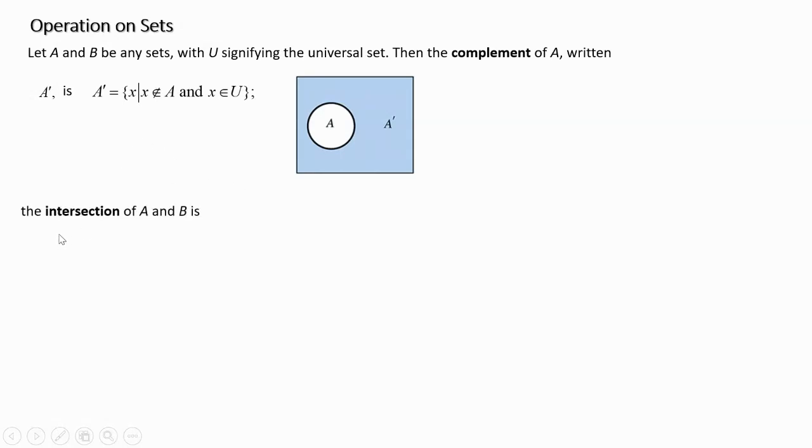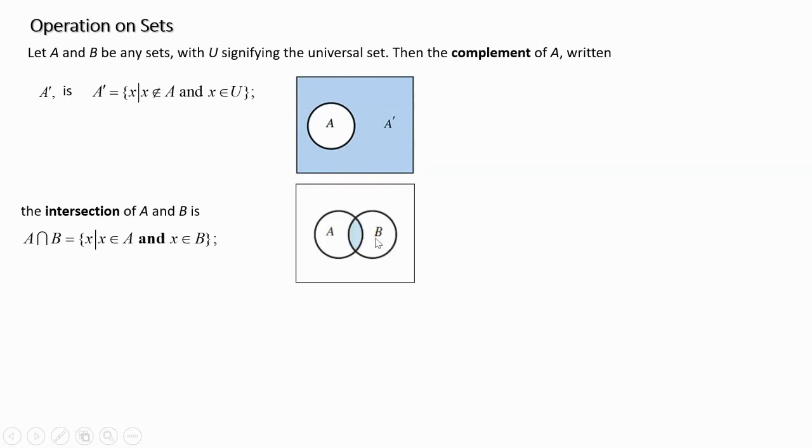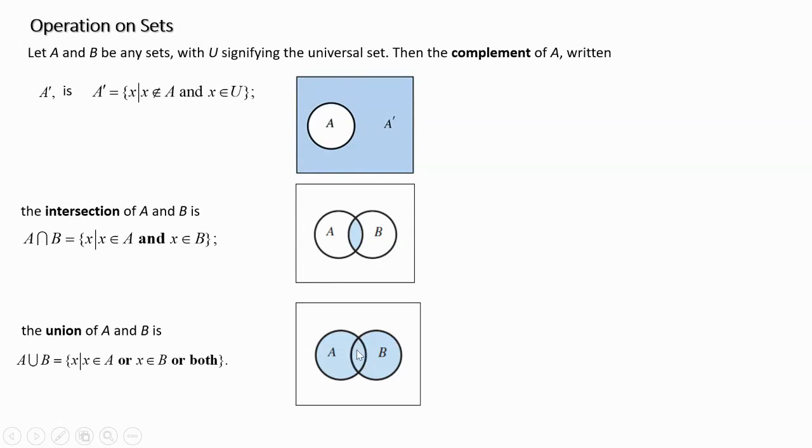The intersection of A and B, that's how you write it, and here's how you represent it. This means intersection, and in a similar manner, the union, where both A and B are shaded. You read it as the set with elements X such that X is an element of A or X is an element of B or both.